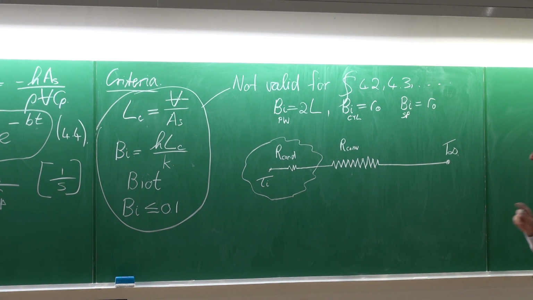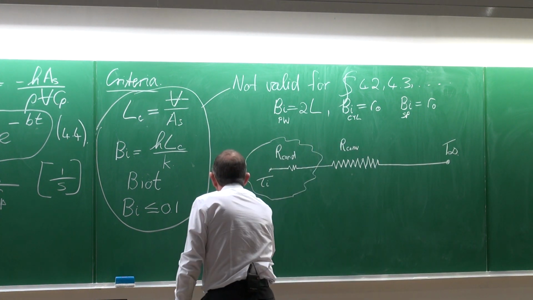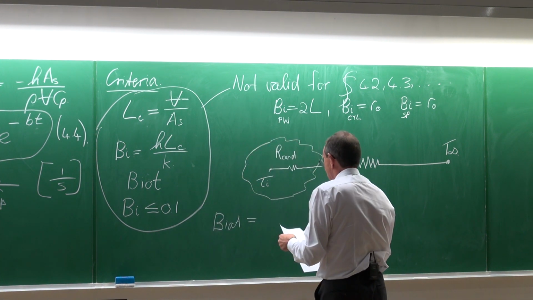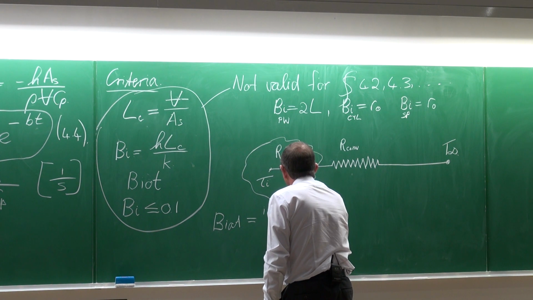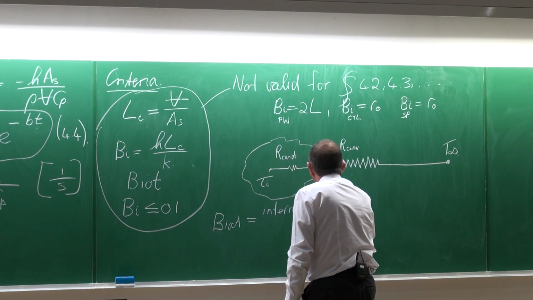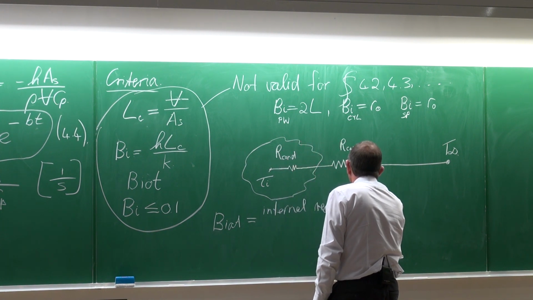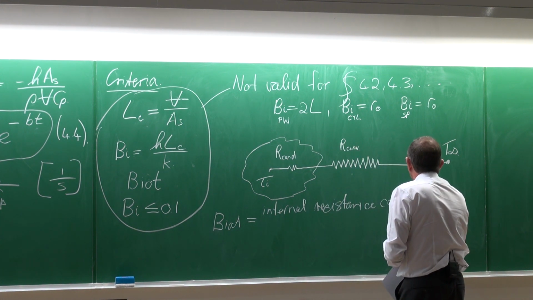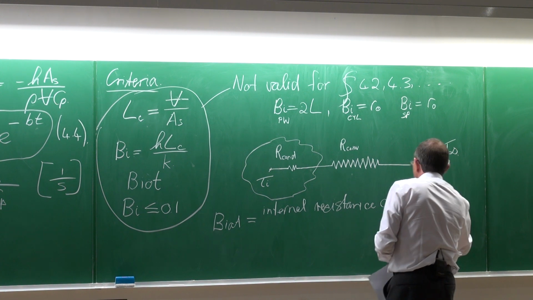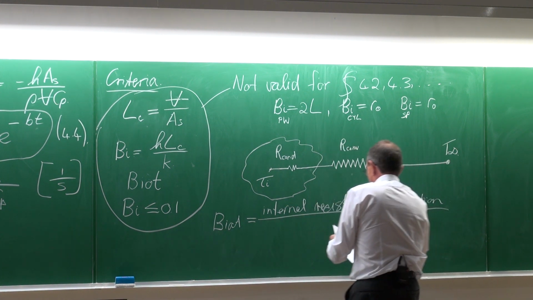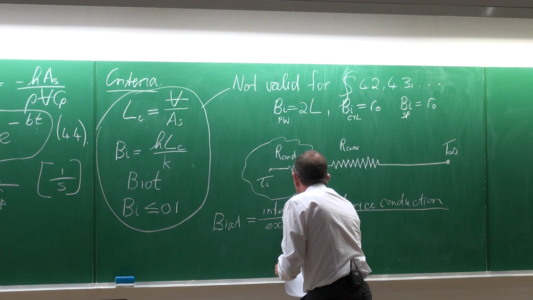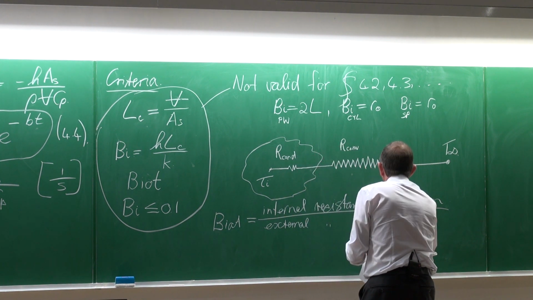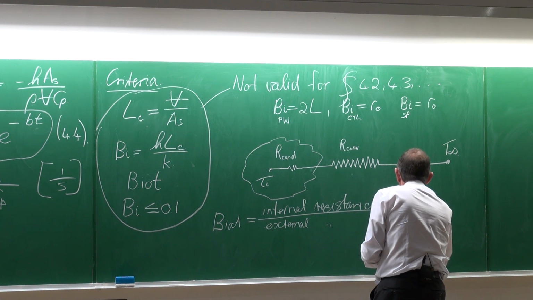So the Biot number is actually a ratio of the internal resistance of conduction to the external resistance of convection.